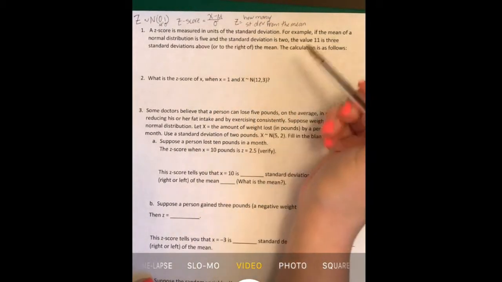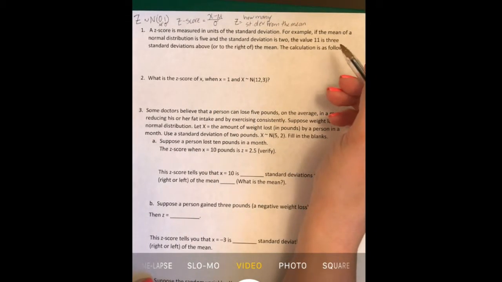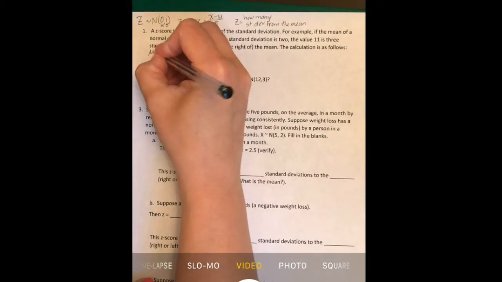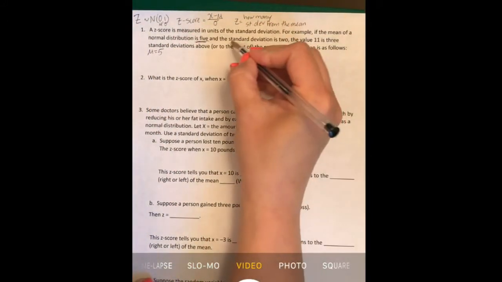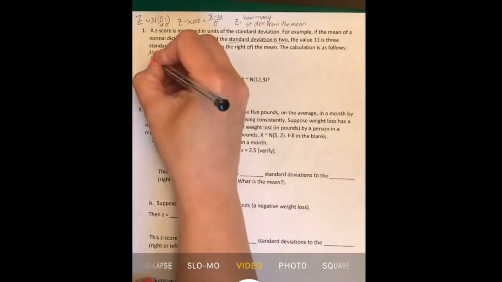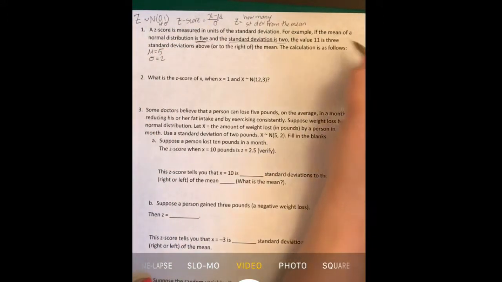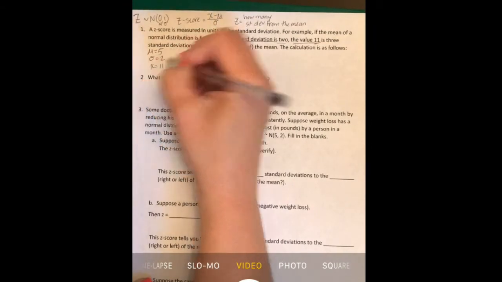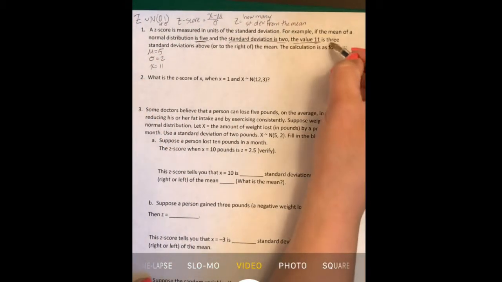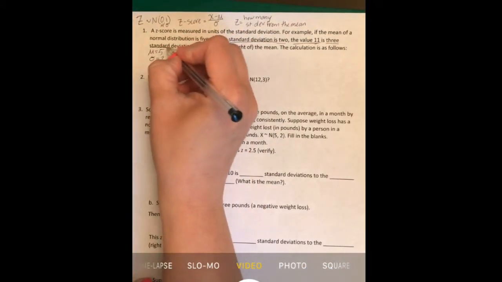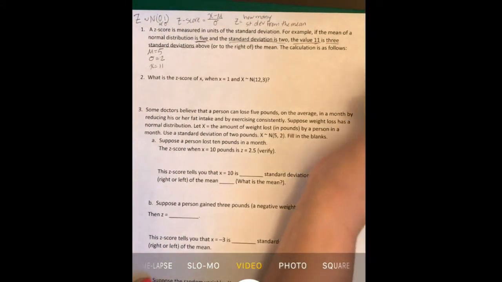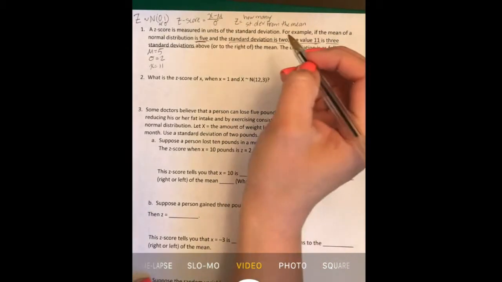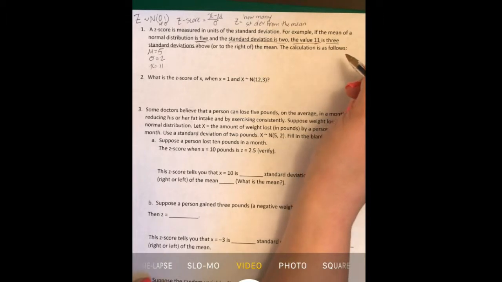A z-score is measured in units of the standard deviation. For example, if the mean of a normal distribution is 5, the standard deviation is 2, and the value 11, so x is 11, then the value 11 is 3 standard deviations above, which means to the right, which means it's going to be positive, of the mean.